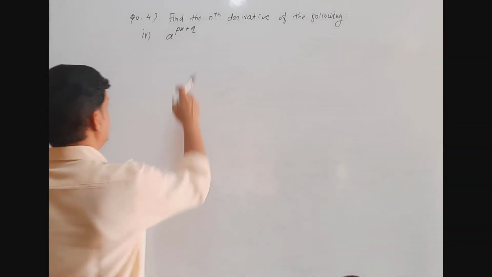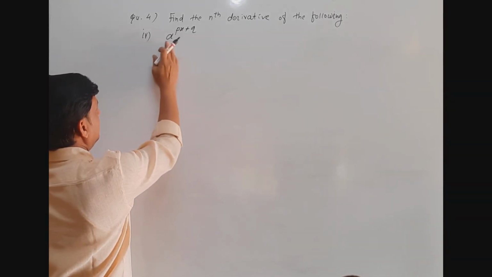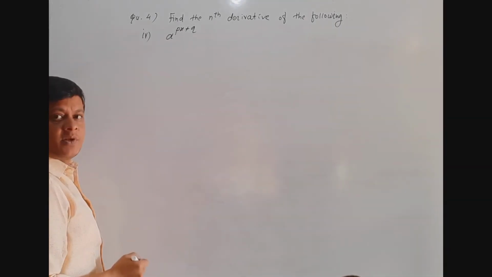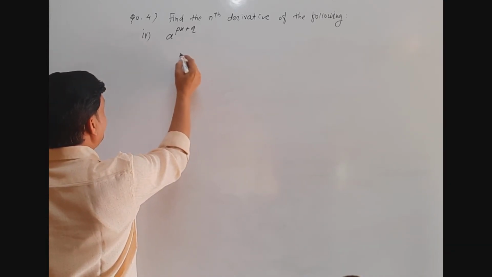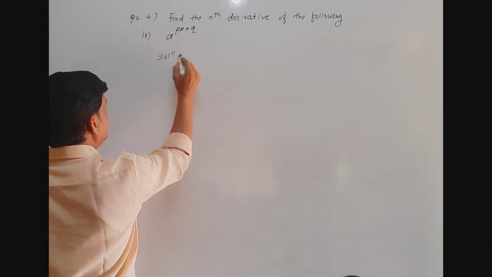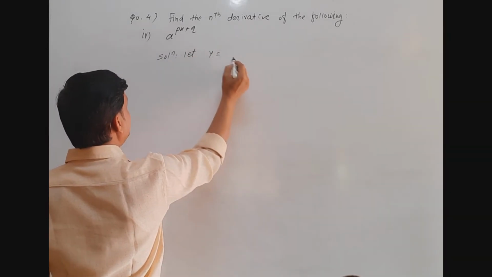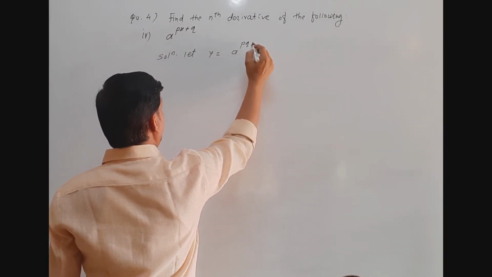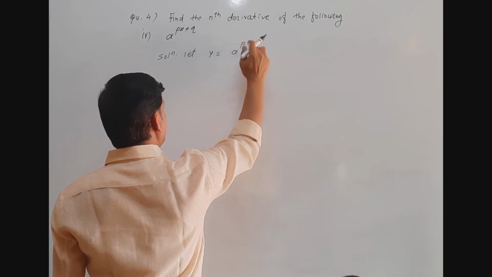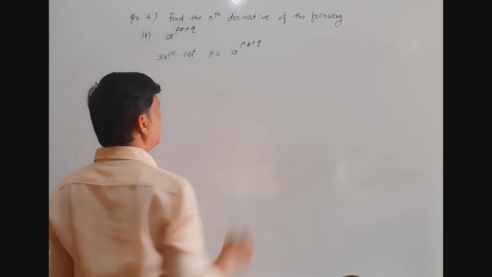Now sub question 4, a raised to the power px plus q. So we write here in solution, let y is equal to a raised to the power px plus q.